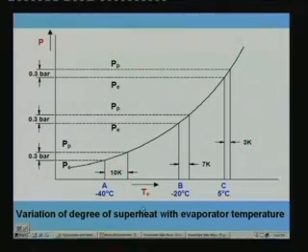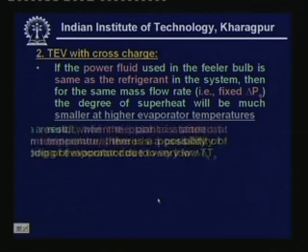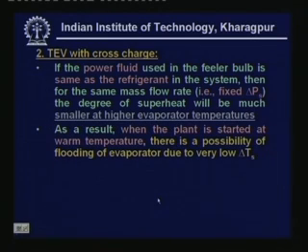Okay, so if you have set the degree of superheat at minus 20 degrees centigrade, then when the system is operating at higher evaporator temperature, the degree of superheat becomes almost 0. Now what is the problem when the degree of superheat becomes very small? As I said, when the plant is started at warm temperature, there is a possibility of flooding of the evaporator due to very low delta Ts.